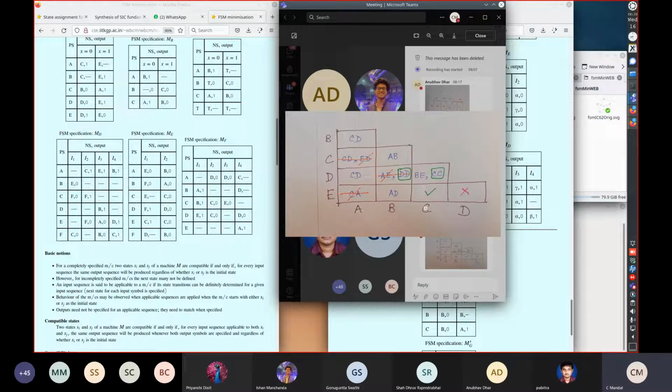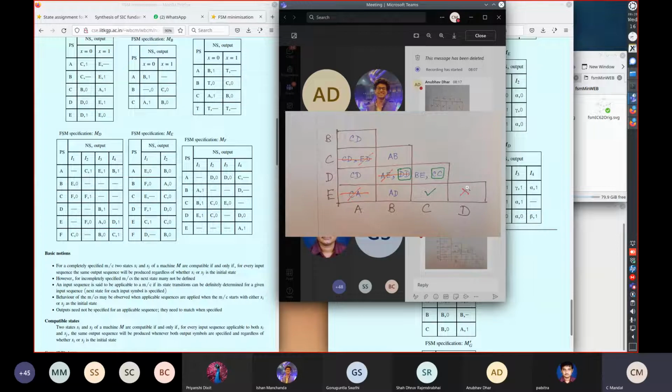And CE. Look at DE, these are not compatible, so this one is crossed out, and this one also, and AE.